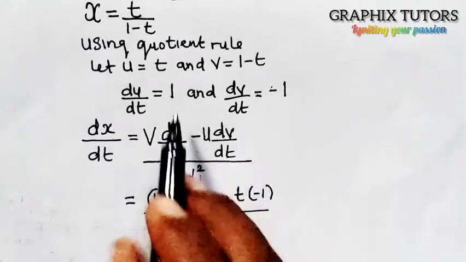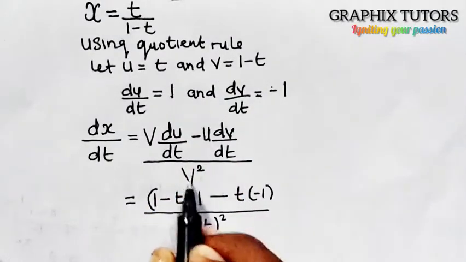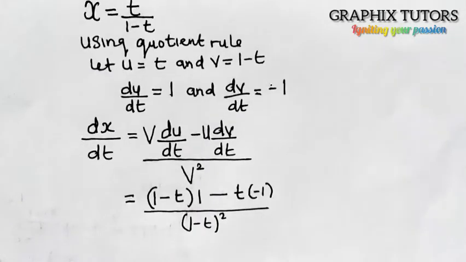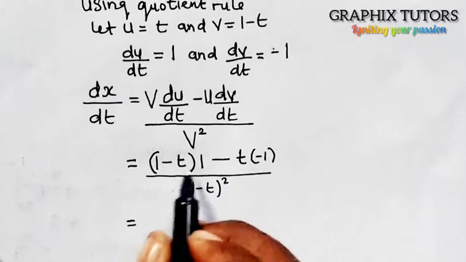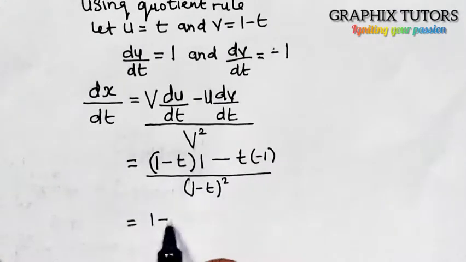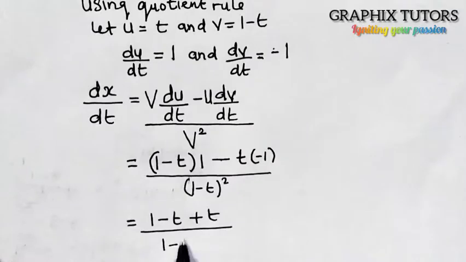Everything over v squared. That is 1 minus t all squared, because v is 1 minus t. Now if I move forward, this will now be 1 times 1 is 1. This is minus t. Minus times minus is plus. Then we have t all over 1 minus t all squared.